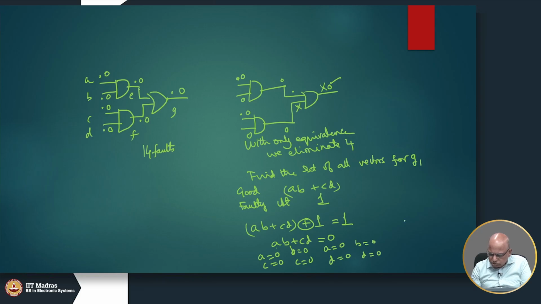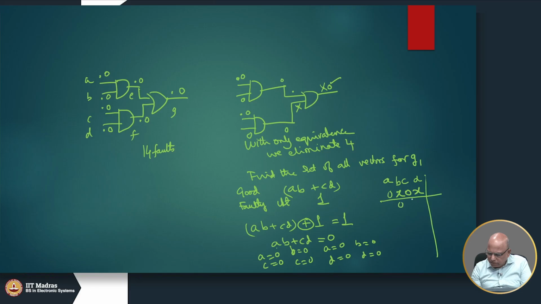So, A is 0, B is not important, so we can say X, C is 0, D is X. So, 0X0X means A is 0, B is unknown or rather do not care, C is 0 and D is do not care.